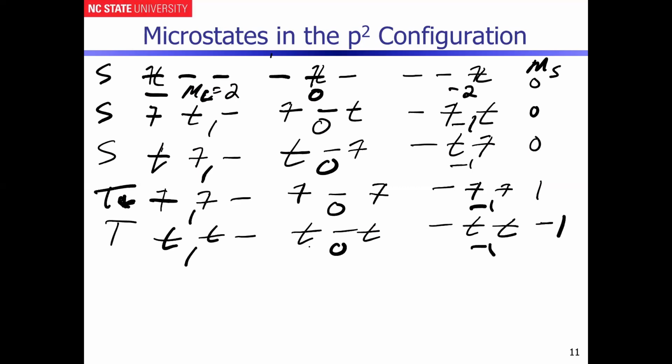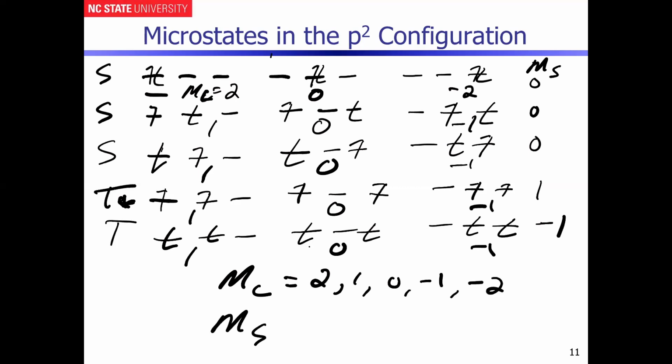So now you see where we're going. The largest and smallest values of ml run the gamut from 2, 1, 0, -1, -2. And the ms values run effectively from 1, 0, -1.